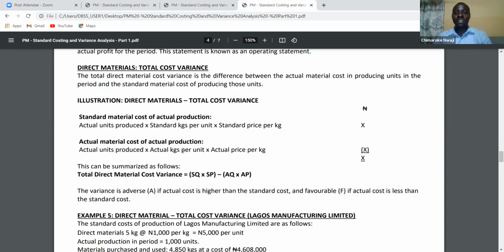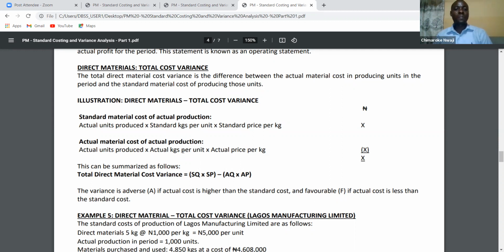What does it mean? It means you have done your flexible budgets, because your flexible budget will be based on actual production. Standard material on actual production, that is for flexible budget. But when you hear standard material for standard production, that is your fixed budget.